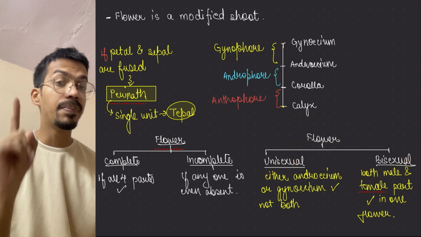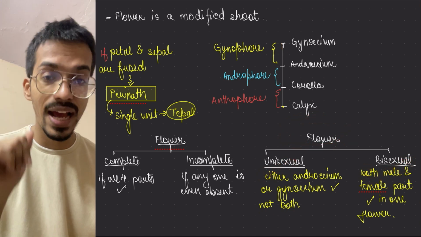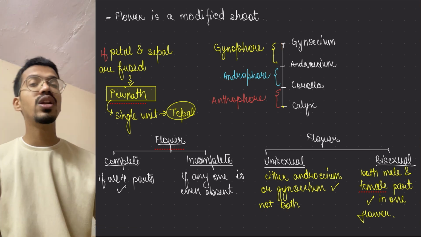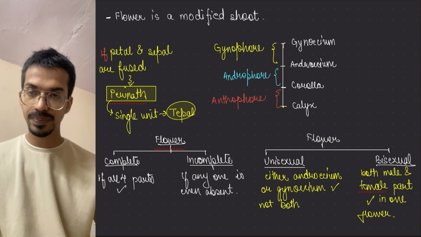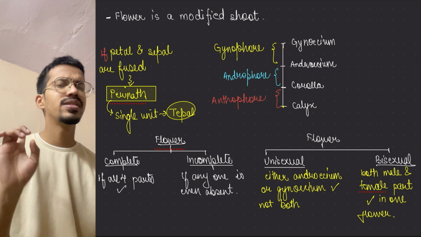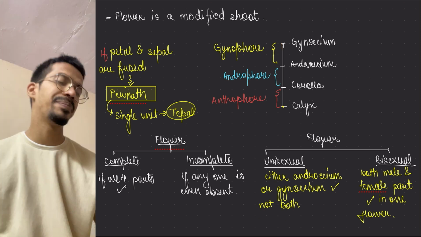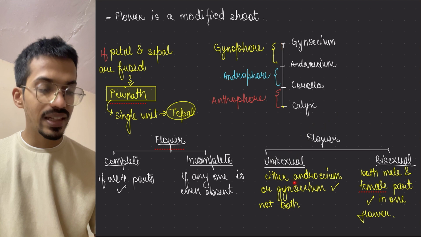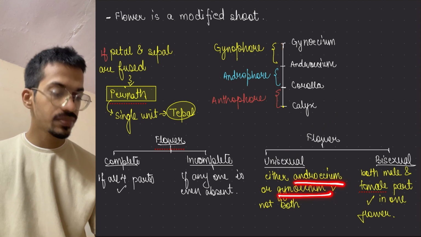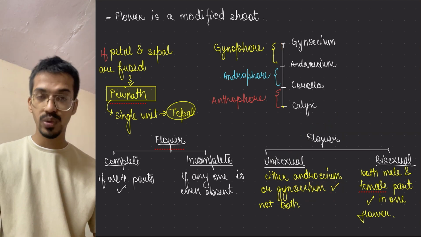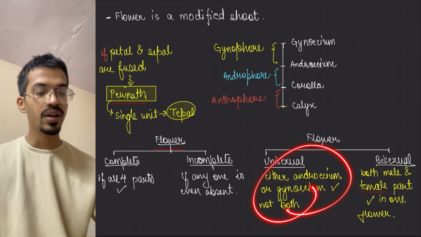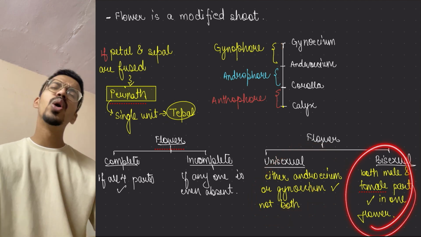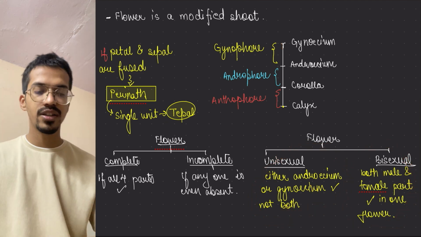Till now we have shown that the plant can be monoecious or dioecious, but the flower can only be unisexual or bisexual. If you have a problem in this, let me know and I will make a short out of it. Moving on, unisexual flowers have either androecium or gynoecium present in them, only one part.